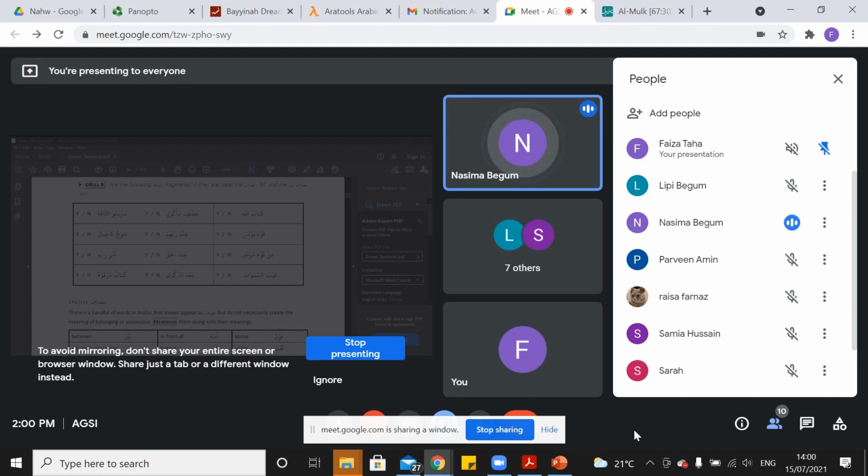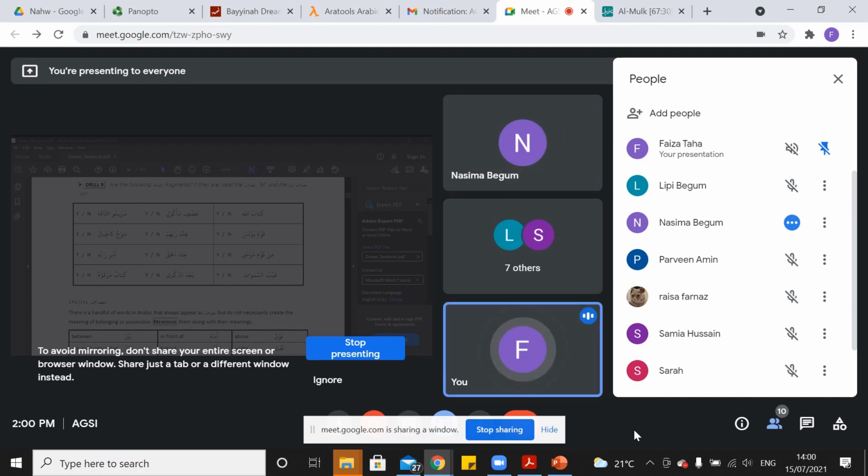What is the status of an ism? Rafa, nasab or jar. Jar, right? So the Naqati is in jar form. There is only one condition for mudaf ilayh: it has to be jar. So it is mudaf ilayh, right? And Mursilu Naqati makes an Idafah fragment.